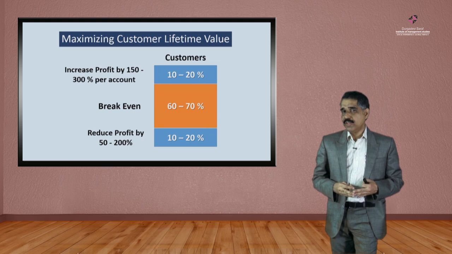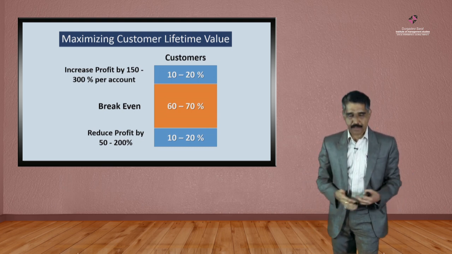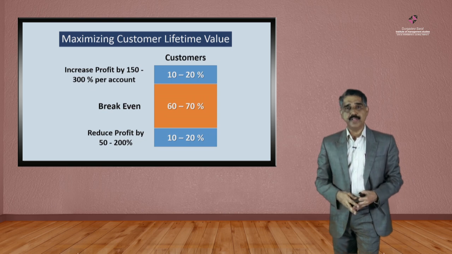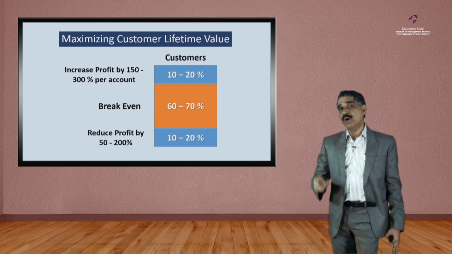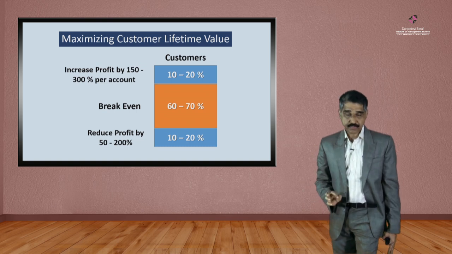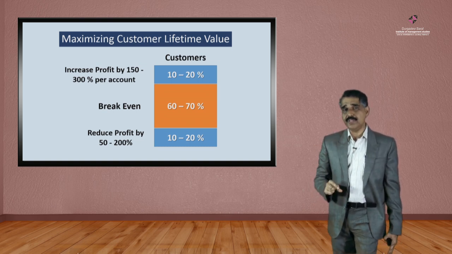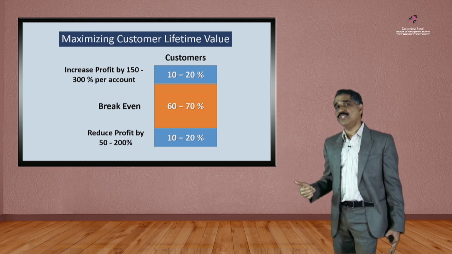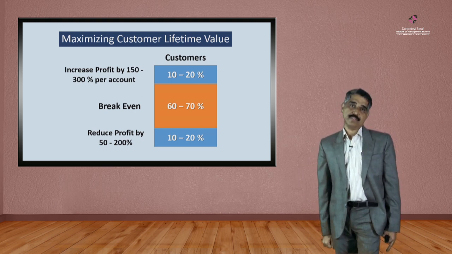Now suppose Shoppers Stop is planning to launch a discount campaign, this 10 to 20% of the customers are intimated first. You will be really surprised when this campaign happens. If you belong to the other segment, you can't even go and avail this discount.